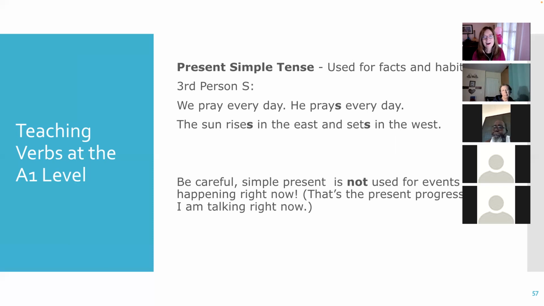This is often confusing for our students because it doesn't really make sense. I think that's the main reason it's confusing. There's no reason for it. If you drop off that S and you say he pray every day, people will still understand you perfectly well.